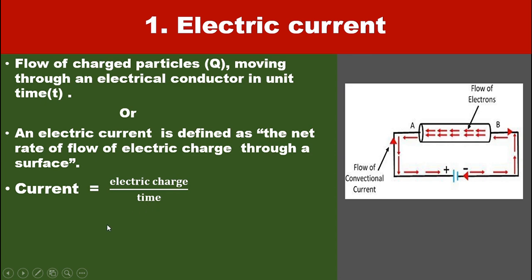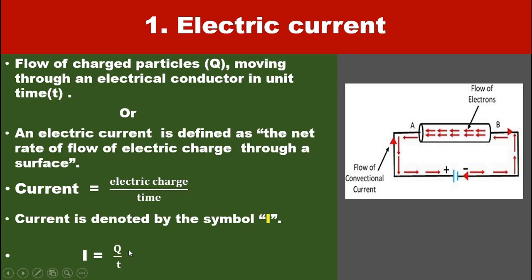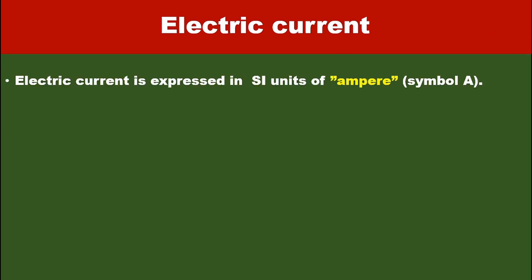You see, the electric charge is denoted by Q, time is denoted by T, and the current is denoted by I. This can be written in symbol form: I equals Q by T. The SI unit of electric current is ampere. The symbol of ampere is capital letter A.